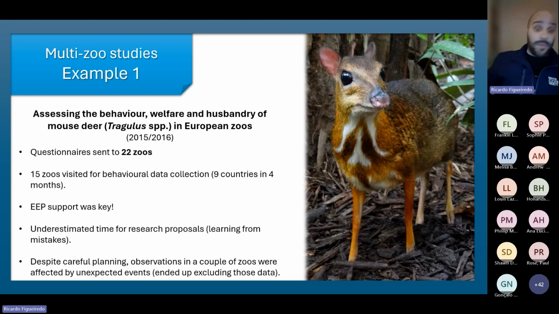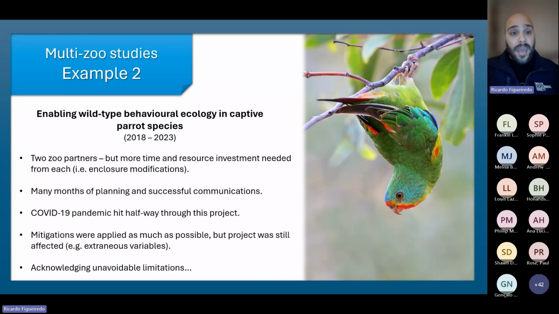It was things that happen with live animals. Thankfully, because I had a good number of zoos to work with, excluding those 2 zoos wasn't a big deal. But this is just to highlight that these unexpected events can and will likely happen if you're working with live animals.